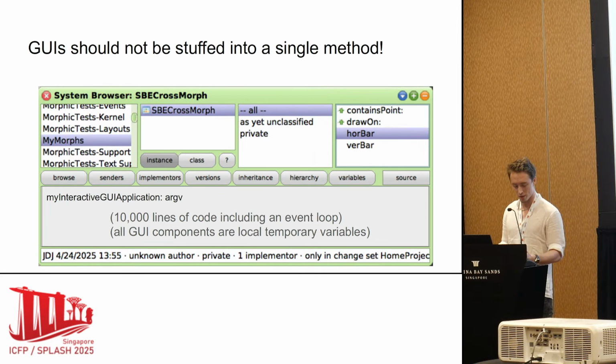Because we would observe exactly the same things in Smalltalk if we tried to squeeze an entire application into a single method. Methods are supposed to be these linear processes that accomplish a task and then terminate. But a graphical application is supposed to just be there for you to interact with. It should stay around as long as you need it to. Why would you ever insist on stuffing it into a single method and cause yourself so much trouble?